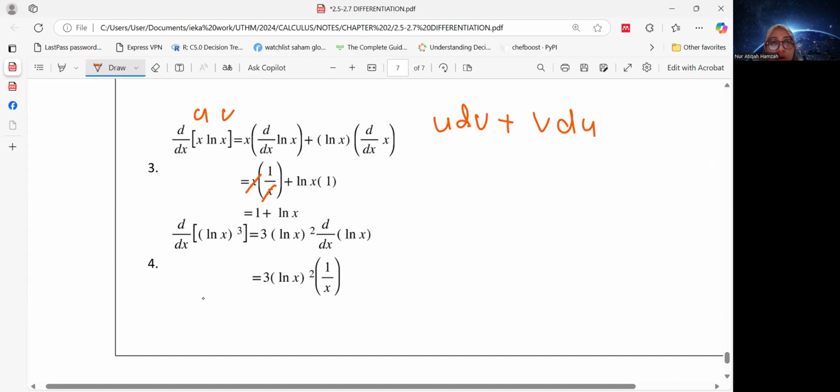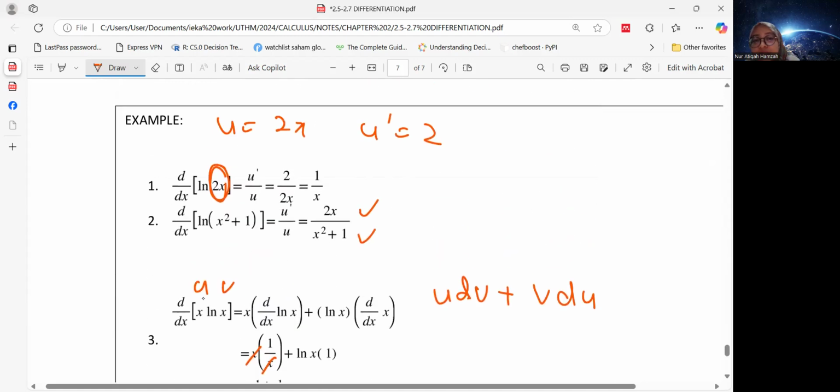So in your tutorial you will see some questions you need to answer using the quotient rule too. So d over dx of ln x to the power of 3 becomes 3 ln x squared times d over dx ln x, so 3 ln x squared times 1 over x. That is the answer.